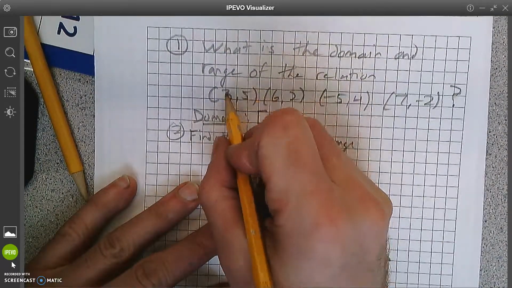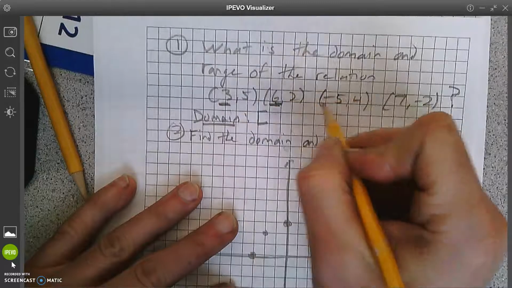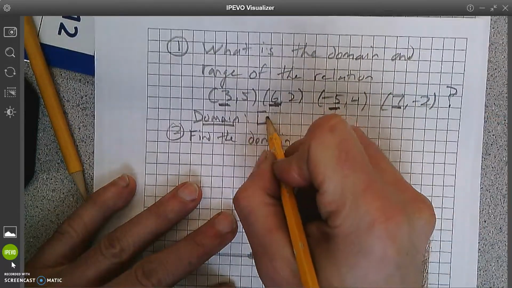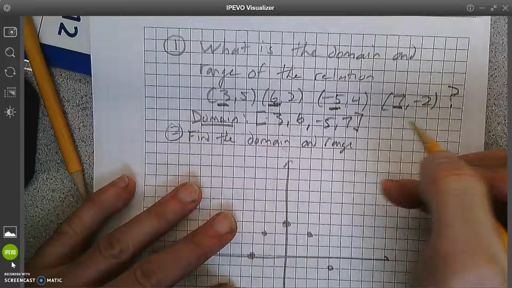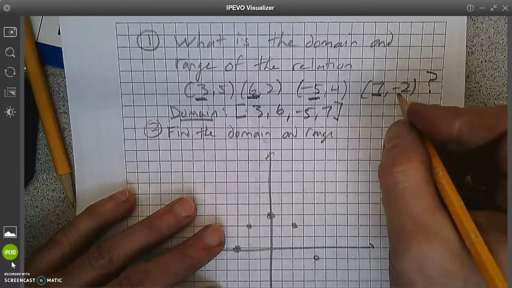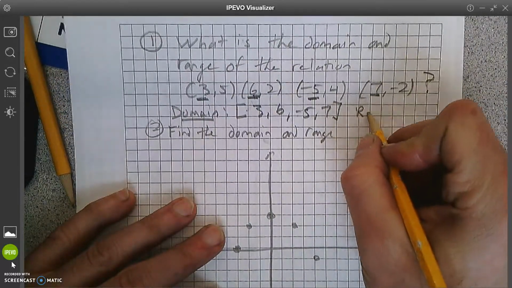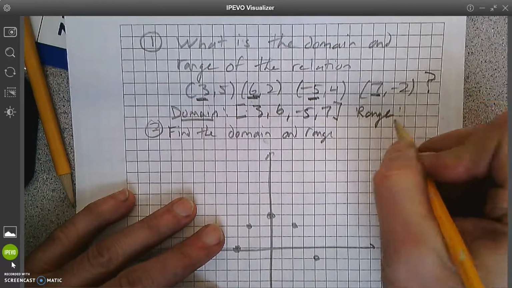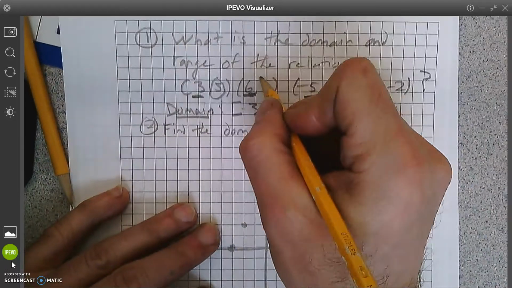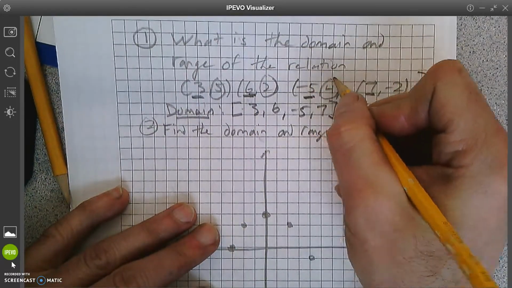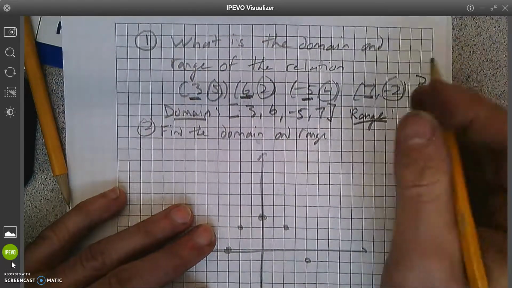Let's see what we got. 3, 6, -5, 7. Boom. Okay. Now we got the range. Awesome. Range is all the y values. 1, 2, 3, 4. 1, 2, 3, 4.